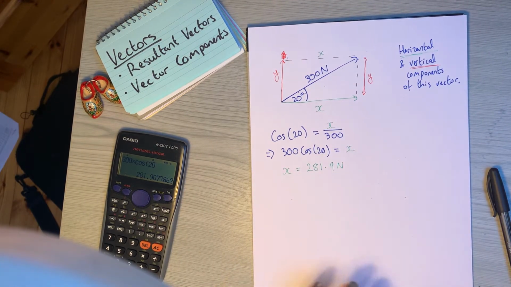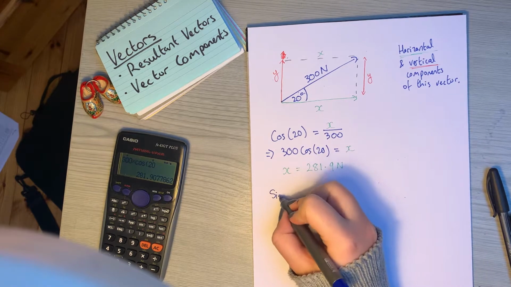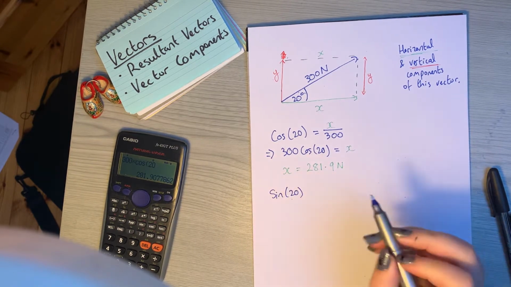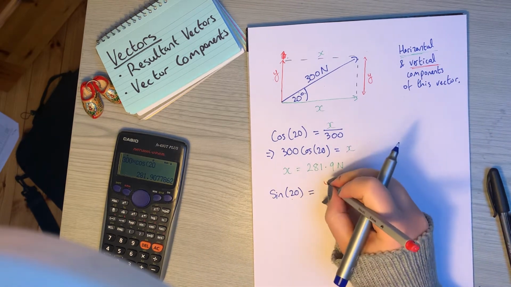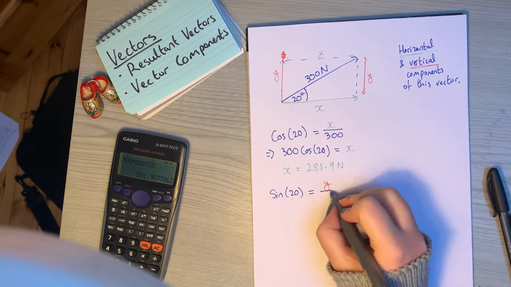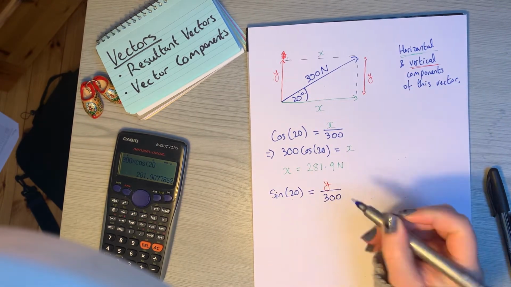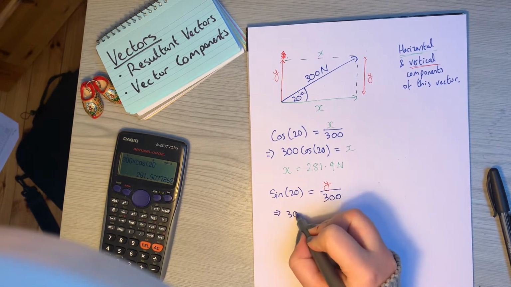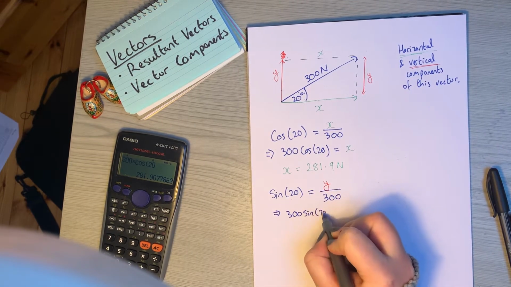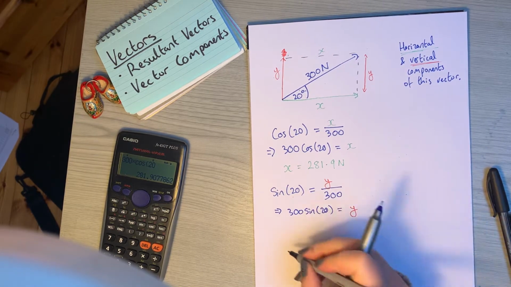Alright, now let's find the vertical one. Again, we have to use a trigonometric function. We know that sine of 20 is going to give us the opposite, which would be our vertical component, over the hypotenuse of the triangle. So that is the 300 there. And that means that 300 sine of 20 will leave me with my vertical component.